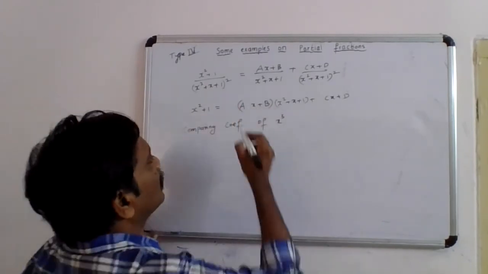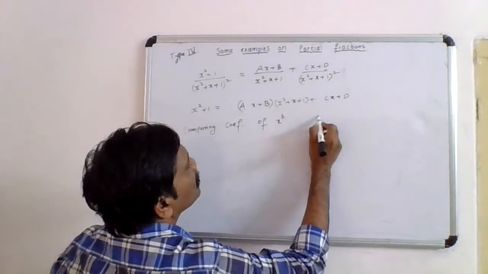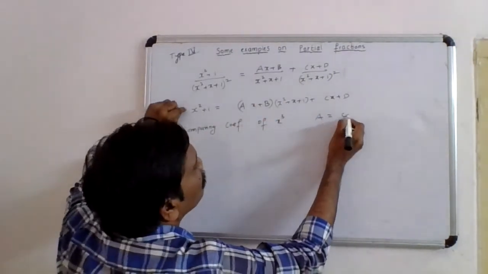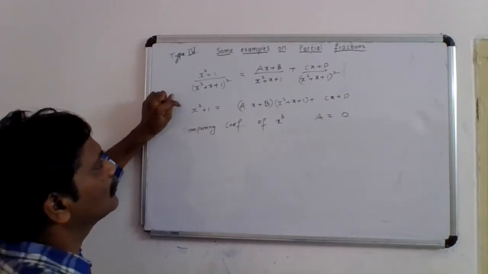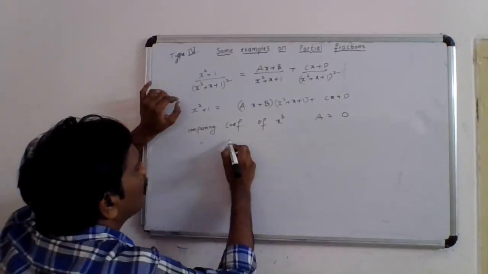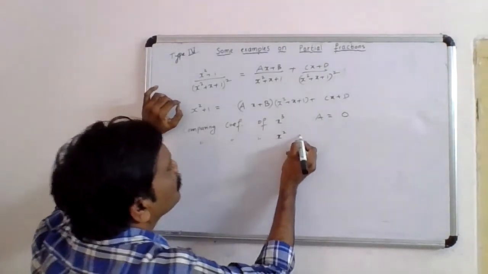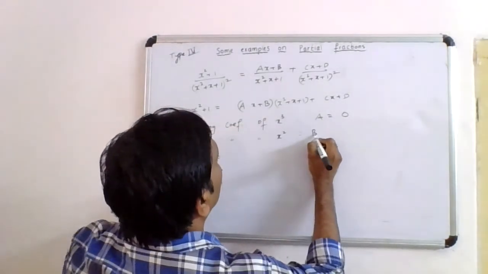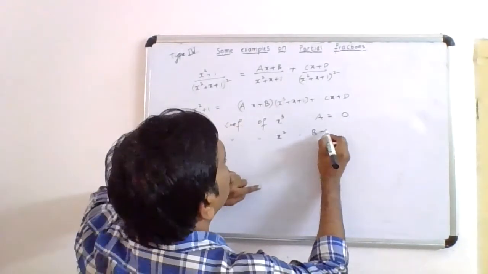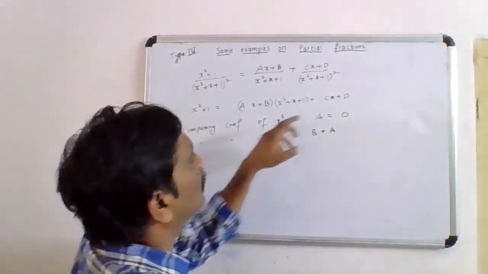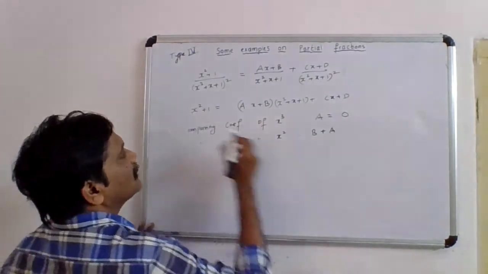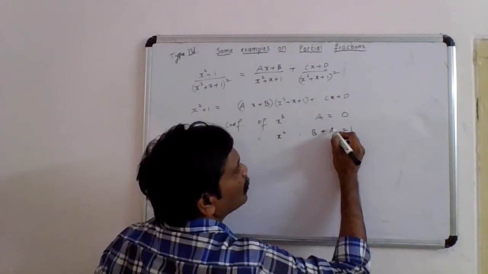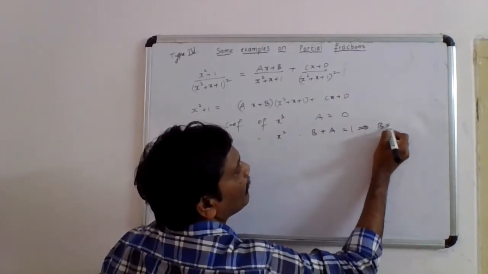Only one, that is a, is possible here. Nowhere else is x cube there. So directly a is equal to 0, because this side x cube coefficient is not there. Now comparing coefficients of x square on both sides, we have a chance of b here, bx square, and ax into x is also ax square, and this side coefficient of x square is 1. So since a is equal to 0, b becomes 1.